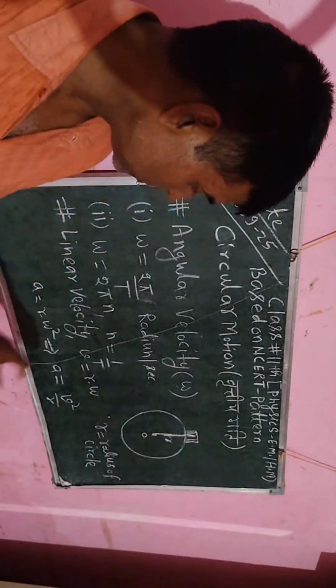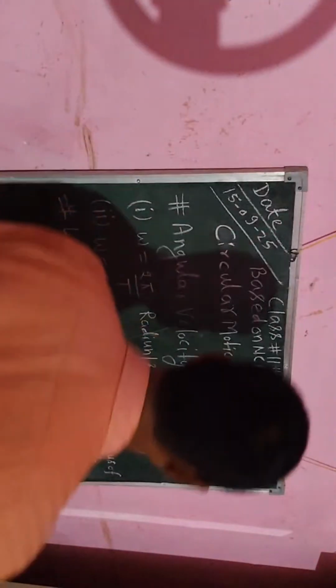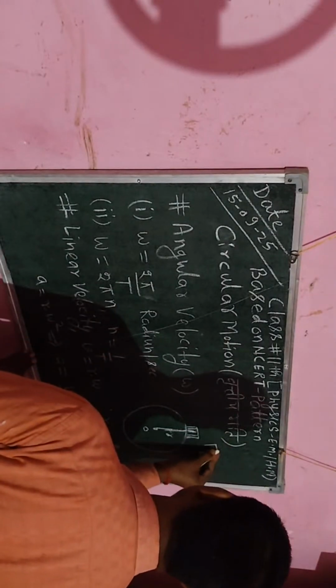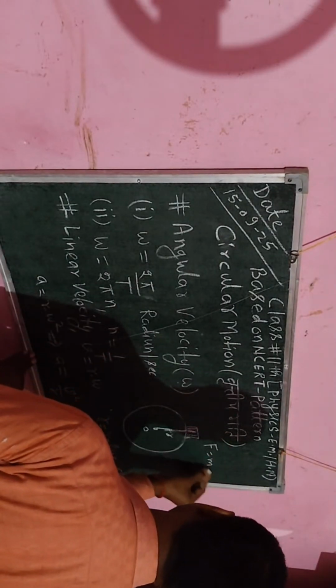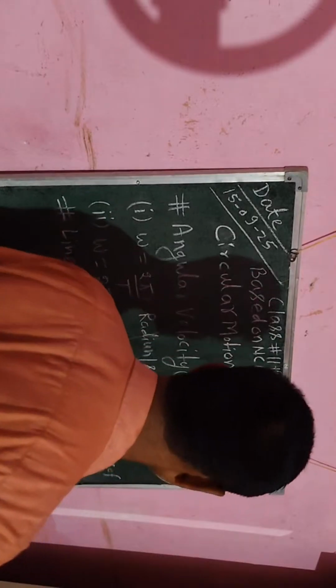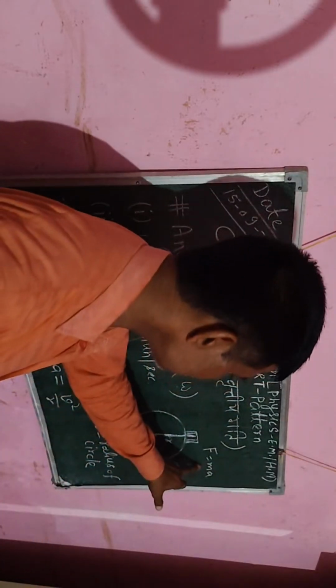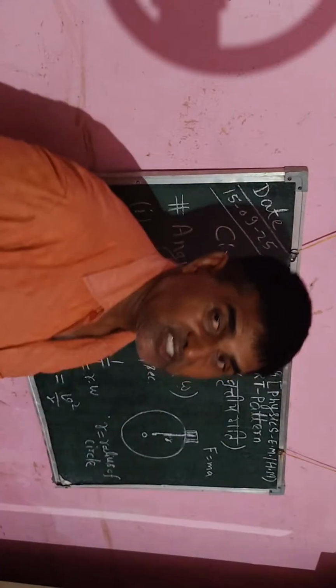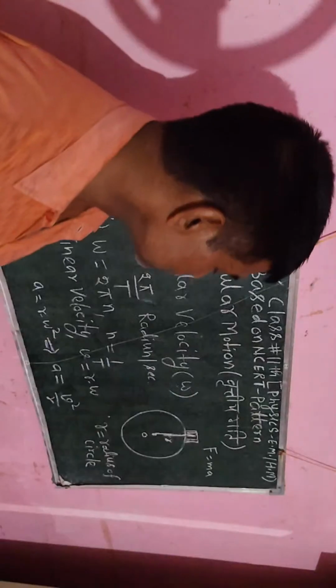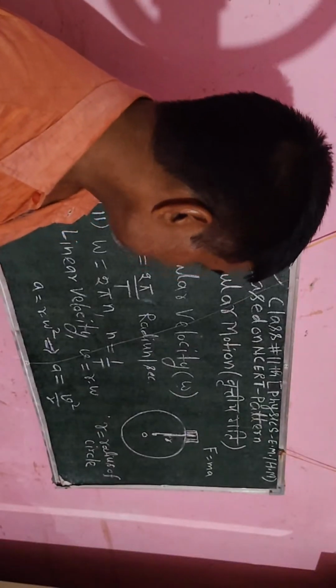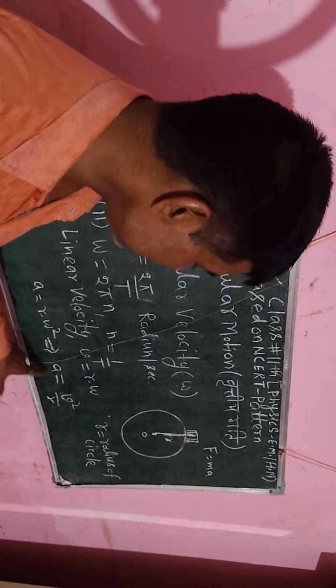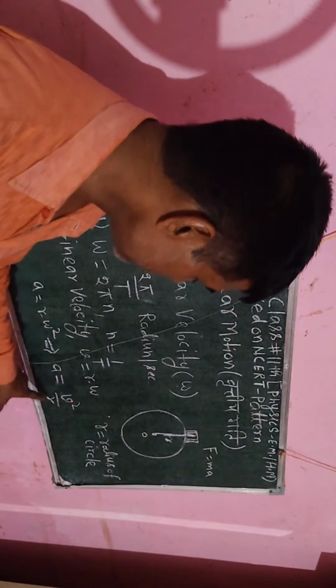Because when I will use Newton's second law of motion, that is F is equal to ma. Newton's second law of motion is the product of mass into acceleration. Now in the place of a I have to put v square divided by r.